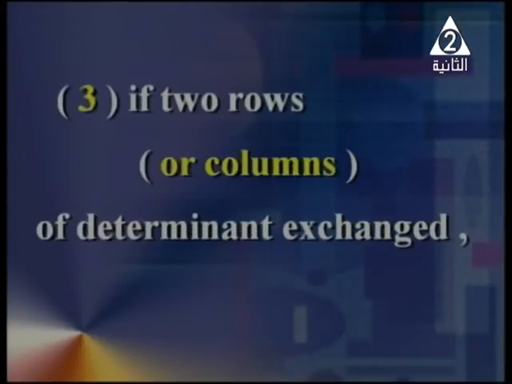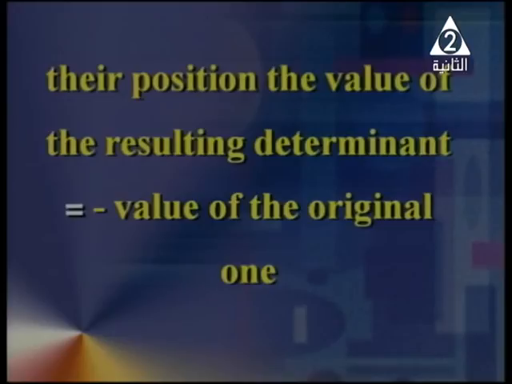Number 3: if two rows or columns of a determinant are exchanged, what do you deduce? Their positions exchange, and the value of the resultant determinant equals negative the value of the original one. Remember this one: if we exchange the first row and second row, or the first column and second column, the resultant value equals negative the value of the original one.